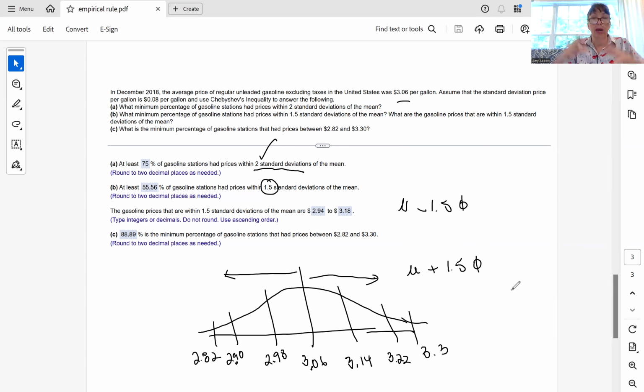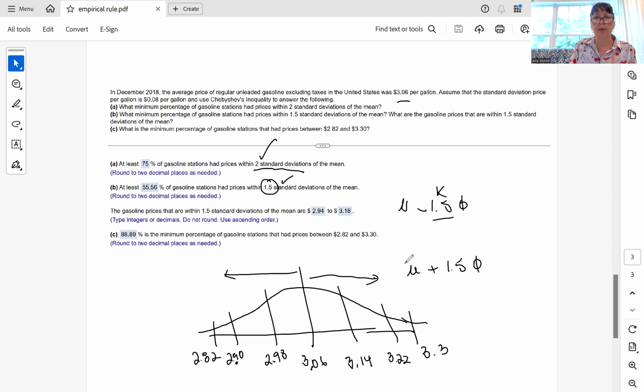And that gives you how far out it is, because I put the 1.5 in there because that's what they wanted to know. So in front of that would be the K value. Sorry about that. So mu minus K times the standard deviation and mu plus K times the standard deviation.